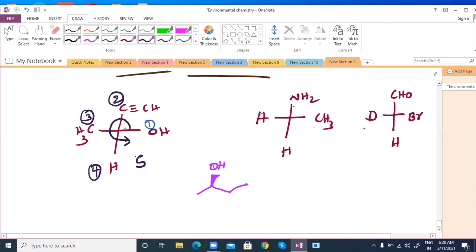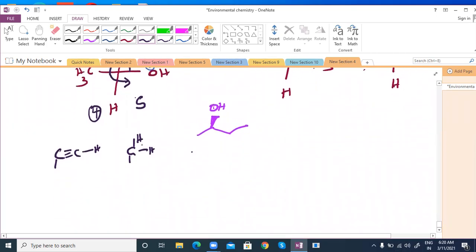Now why are these given? C triple bond C is the high priority. Just a minute, you can see both are carbons. This is C triple bond C, this is hydrogens. But in the case of C triple bond C, one carbon attaches to how many carbons? 3 carbons, with the triple bond. So one carbon has 3 carbons attached.